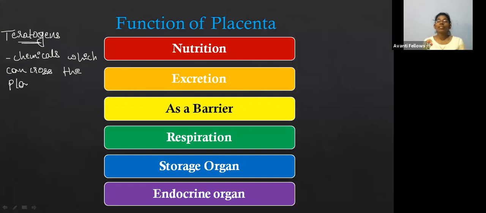The best example is mercury. If a pregnant female who has conceived takes mercury by mistake, along with water or food, then that mercury can cross the placenta and cause diseases to the developing embryo or the developing fetus. Okay.